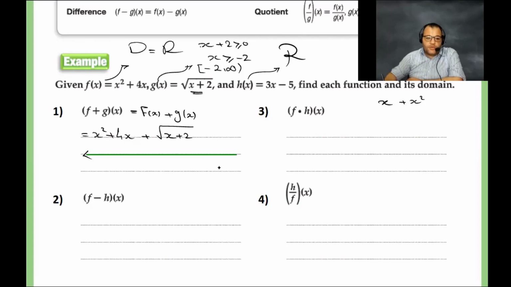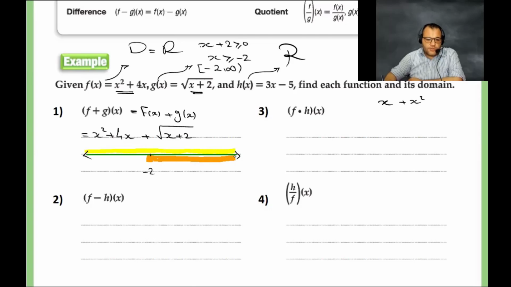So again, now we need to find the domain. What is the domain for the first function? R. R means all of the number line. What is the domain for the second one? From -2 and going to the right. So it will be closed here and we are going to the right.